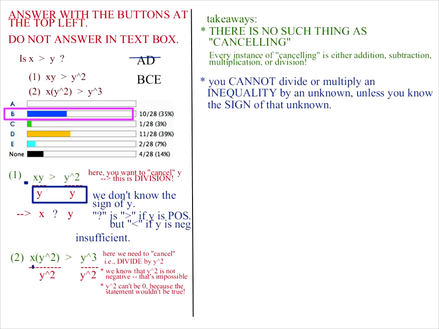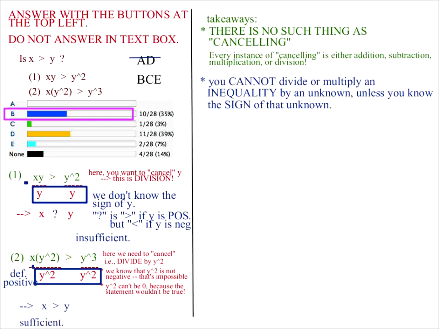We know that these quantities are definitely positive. So let me write that out. Definitely positive. So therefore, this means that x is definitely greater than y, and so this is sufficient.